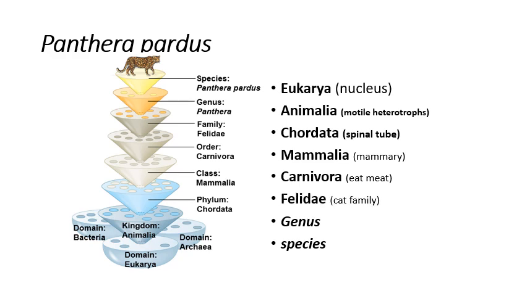And the genus and species names you already know: Panthera pardus. Basically, at the very bottom, the only two names that we care about most of the time are the genus name and the species name.